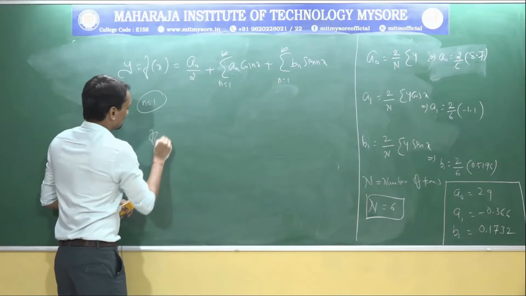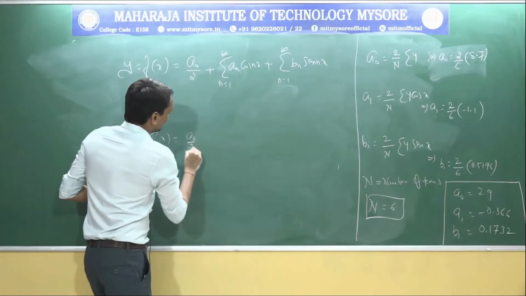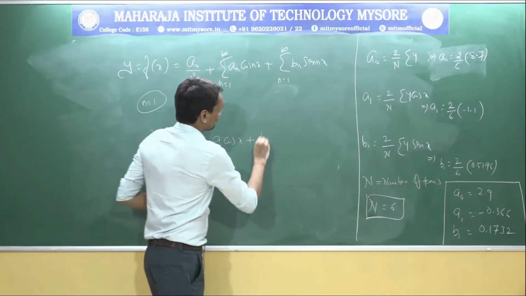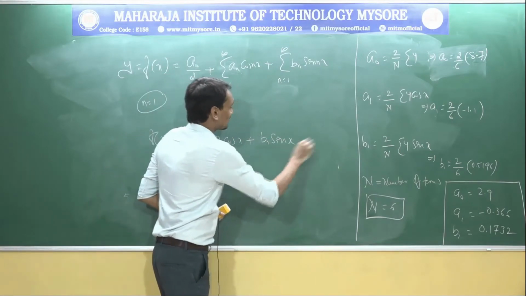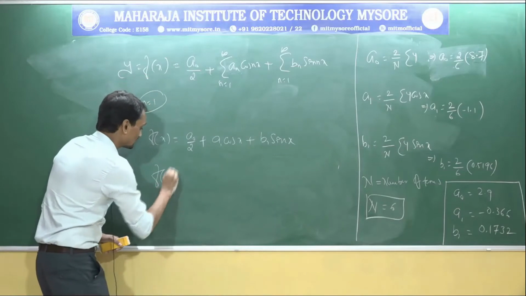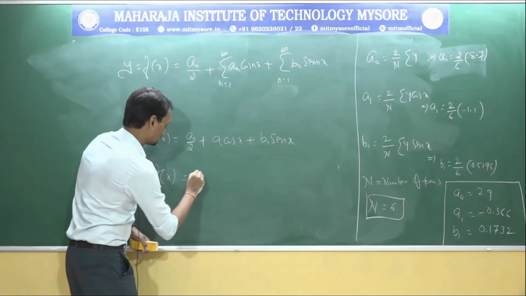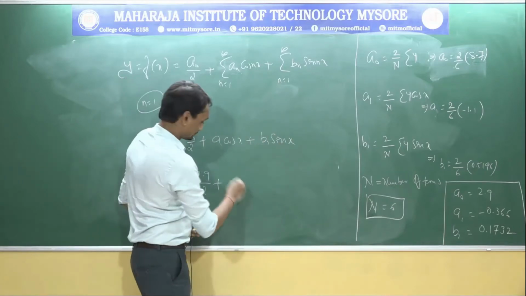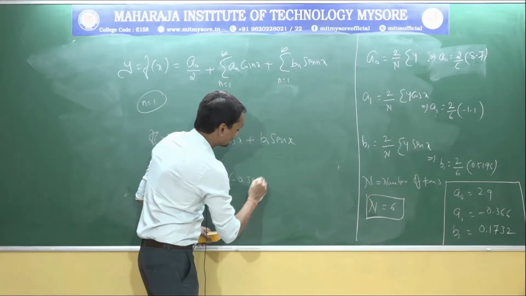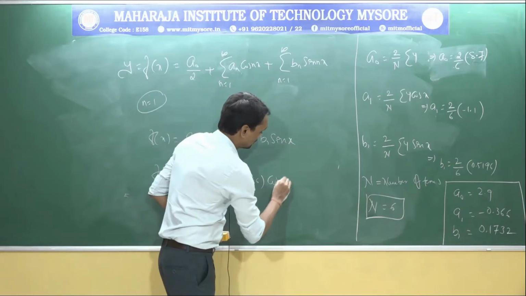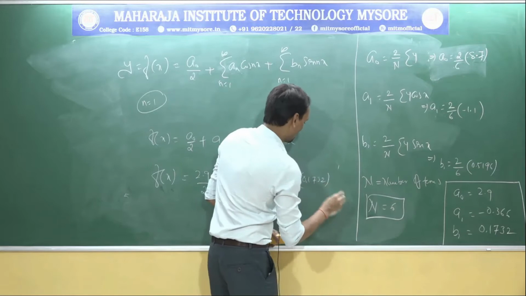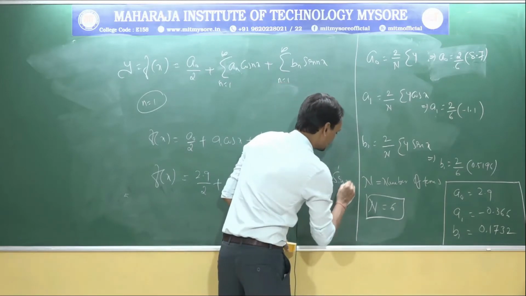So this becomes f of x equal to A naught by 2 plus A1 into cos x plus B1 into sin x. So f of x as it is, what is the A naught value? 2.9 divided by 2 plus minus 0.366 into cos x plus 0.1732 into sin x.